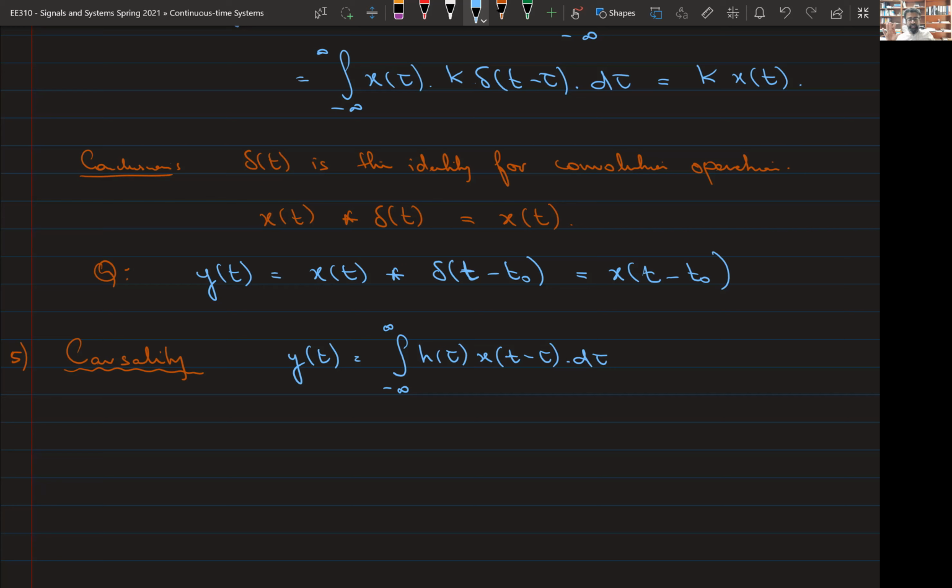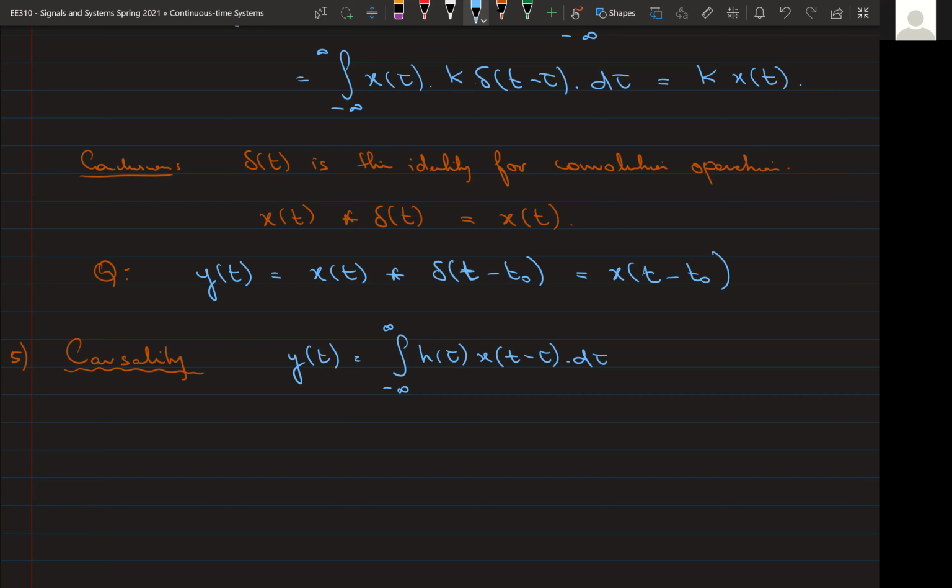But integral I cannot change, right? The definition of the integral has the integral must be from minus infinity to plus infinity. But perhaps there's something I can do with h so that the integral is only in the past and not the future. Ji Ibrahim? Sir, I think h of tau should be equal to u of minus tau, inverted unit step.